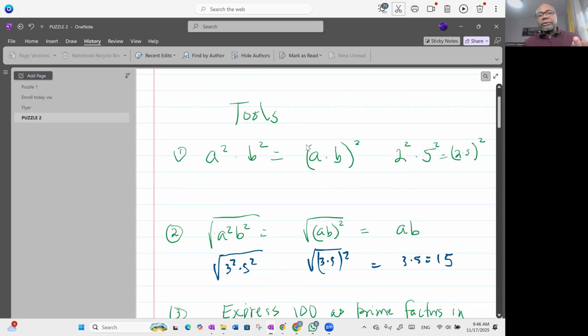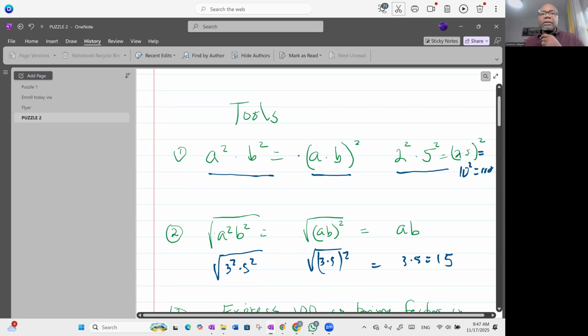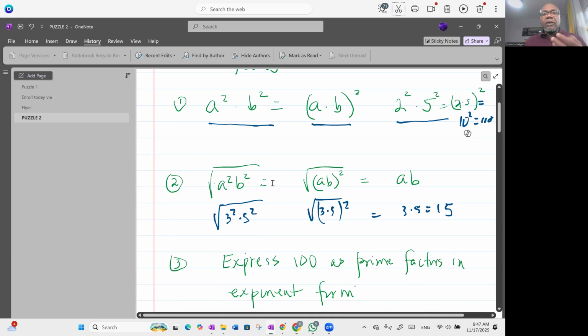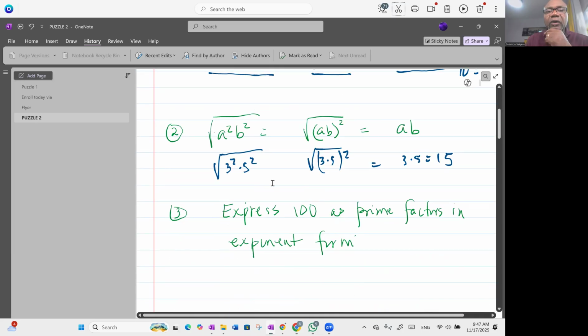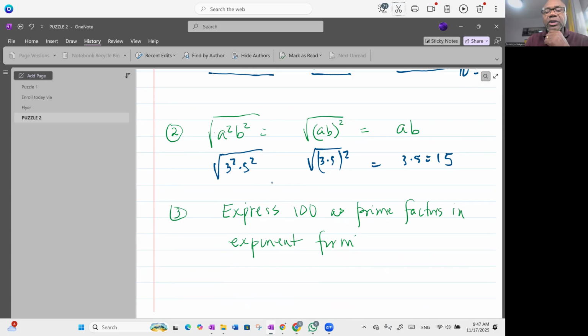So again, if you have the product of squares of two numbers, we can write it in this form. This is an example: 2 squared times 5 squared, we can do 2 times 5 and then all squared, which is 10 squared. Okay, so now it follows that if I have the square root of a squared times b squared, I can write it like this, right?